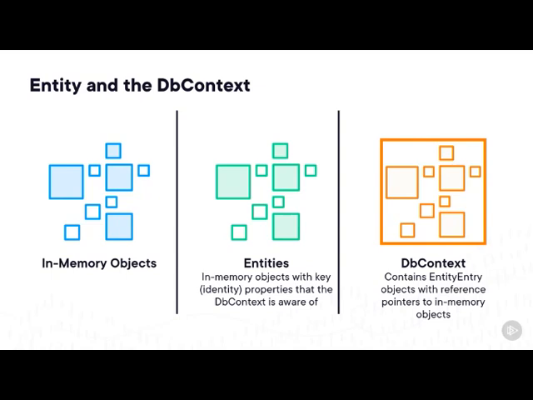And terminology is important. So when I'm talking about an entity, I'm talking about an in-memory object with a key that the DB context change tracker is aware of. The DB context isn't literally managing your domain objects like the authors and books. It just takes a look at them and puts relevant info into those entity entry objects.